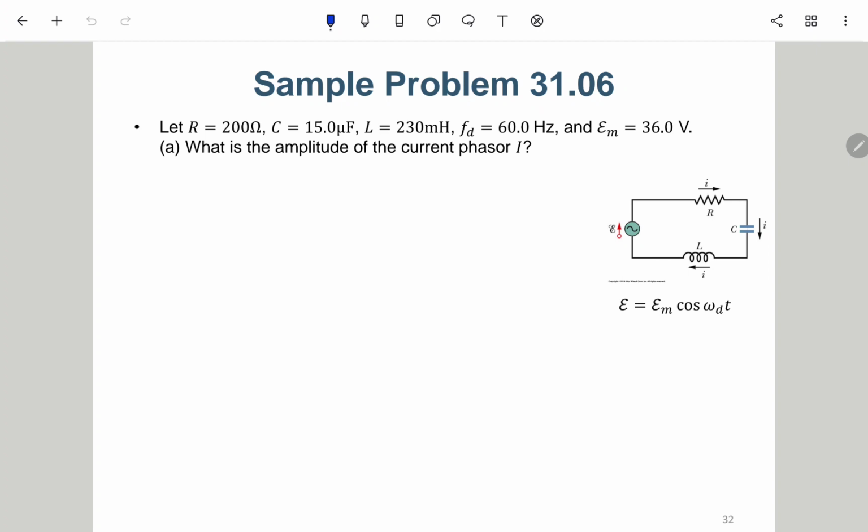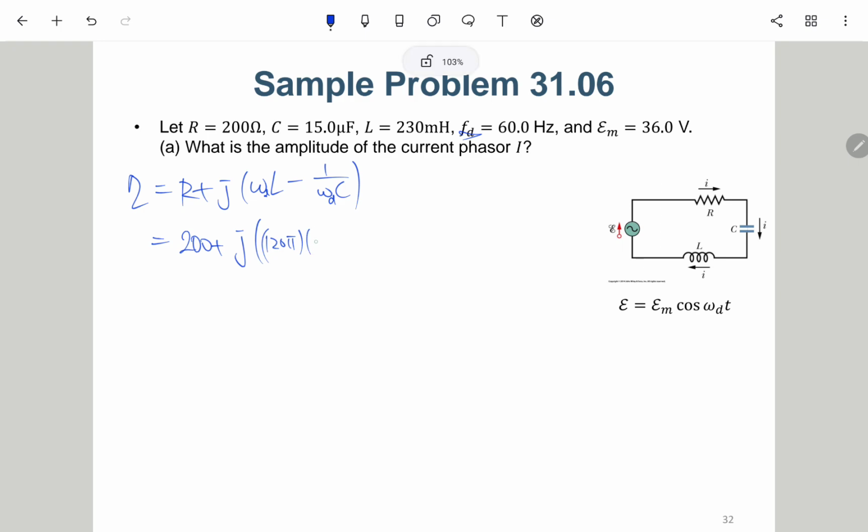Okay, so here we have a sample problem for the RLC. What is the amplitude of the current phasor I? First of all, we would like to find Z to be R plus j times omega L minus 1 over omega C. R is 200 ohm, plus j, and omega is 60 hertz, which is 120 pi.